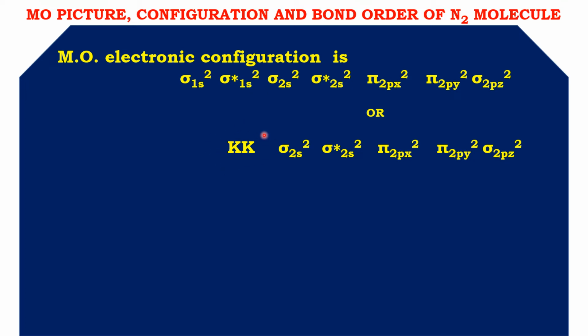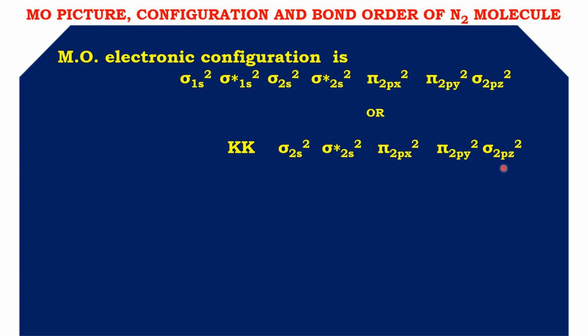So the configuration of nitrogen can be written as KK, sigma 2s2, sigma star 2s2, pi 2px2 equal to pi 2py2, and sigma 2pz2.